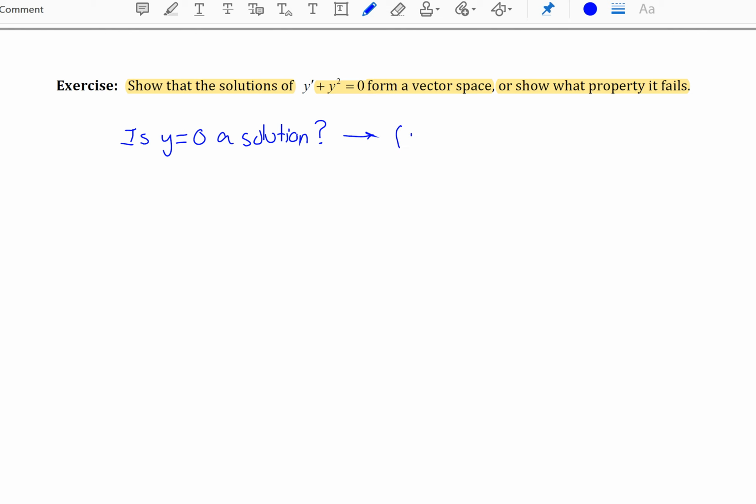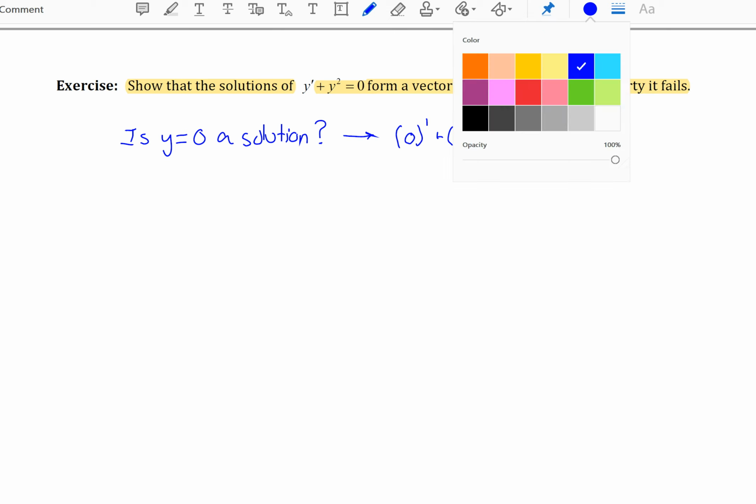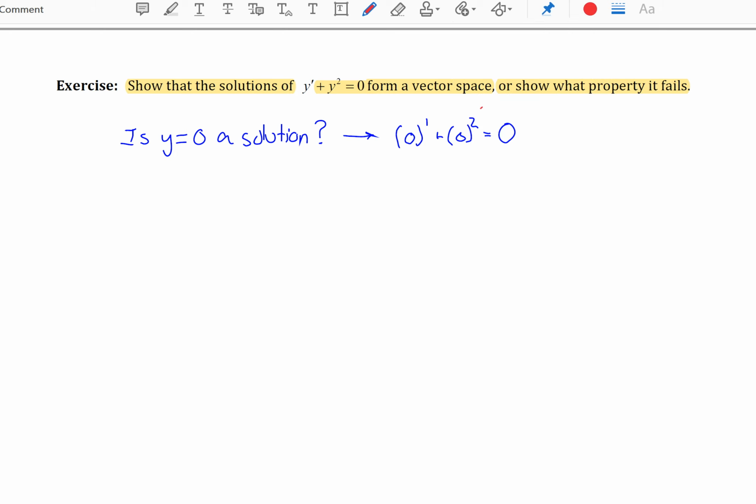So we would be looking at 0 prime plus 0 squared and asking, does this equal 0? And I would be saying yes. So that was an easy one to check. But that is not all we have to check. We have to verify that the solutions in general form a vector space. So let's go find the solutions now.